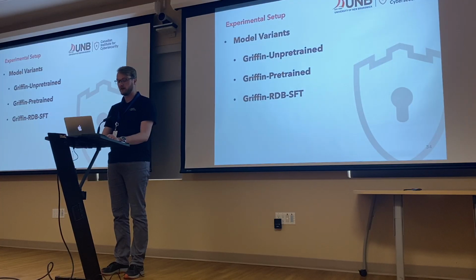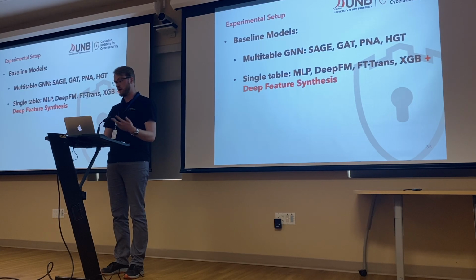So in their work, they also consider 3 different variants. They consider Griffin unpre-trained, Griffin pre-trained, and then Griffin relational database supervised fine-tuning. So they compare this model with existing GNNs that they use on the multi-table or relational database setting. So they use GraphSage, GAT, PNA, and HTT.